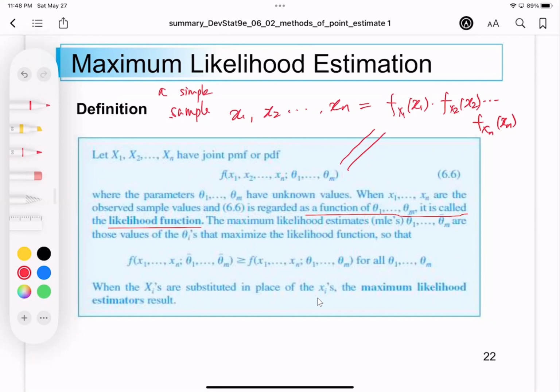So here the theta is such that it makes this probability function maximized. Those are the MLE. And this function itself, when treated as a function of those unknown parameters theta, is referred to as the likelihood function.